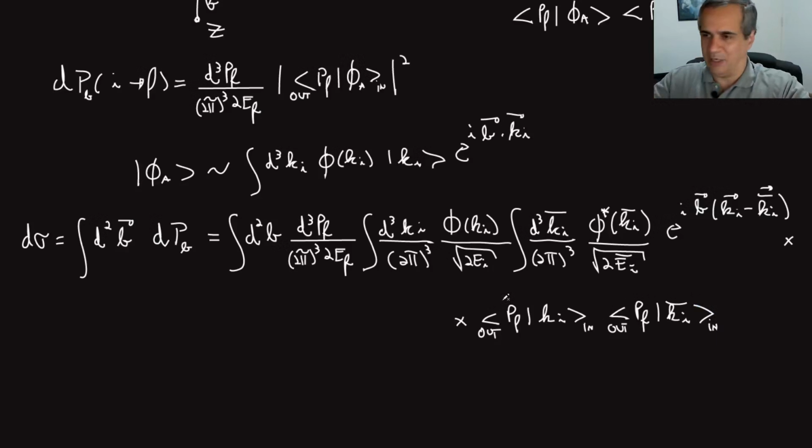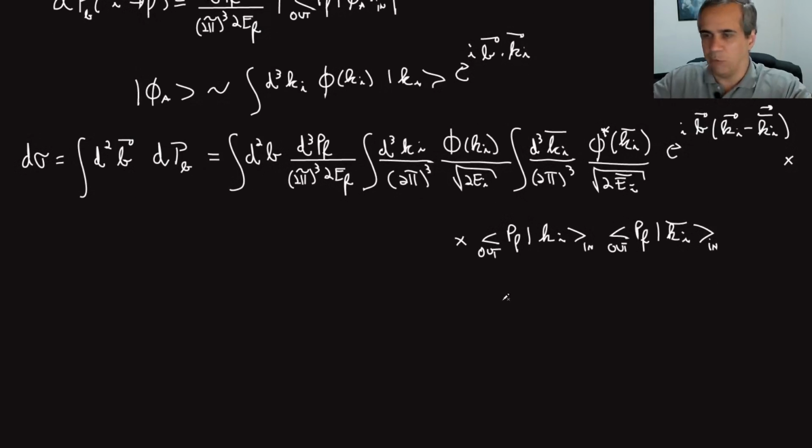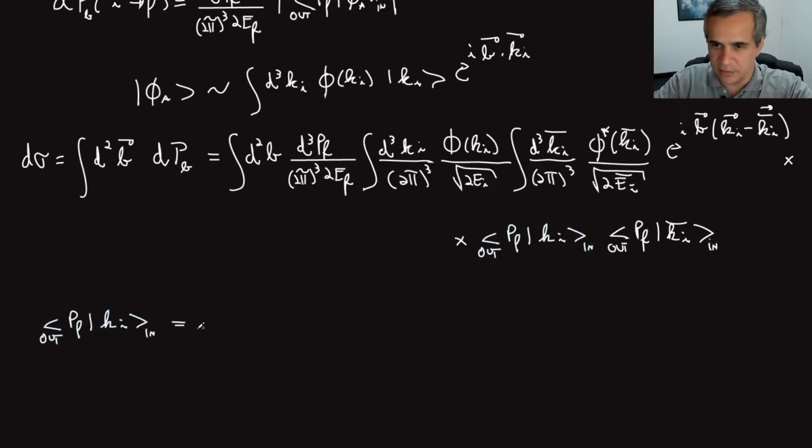Now we know the game here. There are a lot of Dirac deltas everywhere. So just to start, I won't do this calculation in detail, but I want to indicate what you need to do. This guy is just i M times 2 pi delta of conservation of energy.